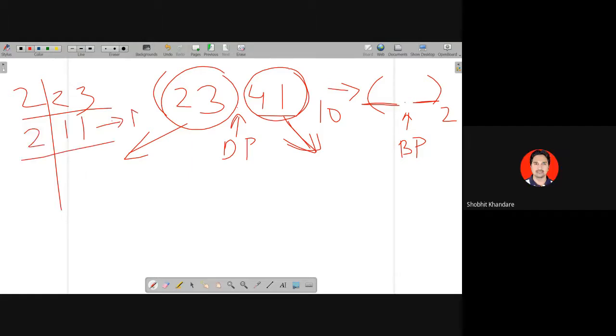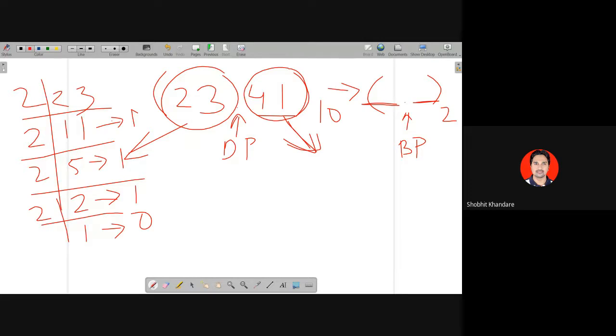Divided by 2, it comes to be 5, remainder 1. 2 2s are 4, remainder 1, and 2 1s are 2, remainder 0.